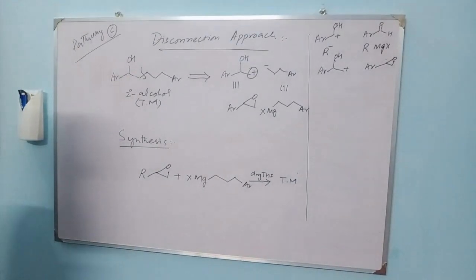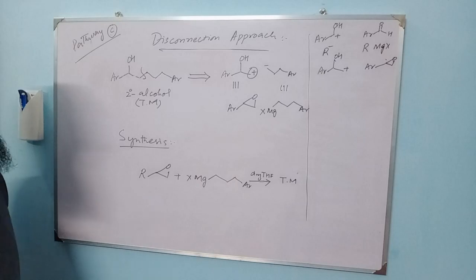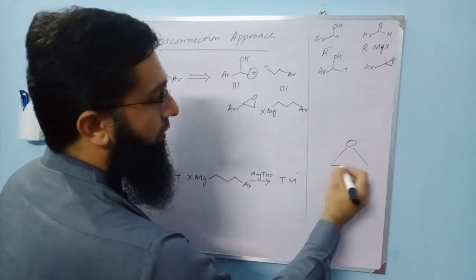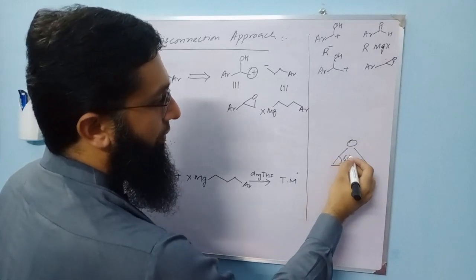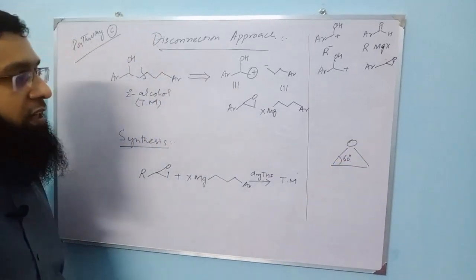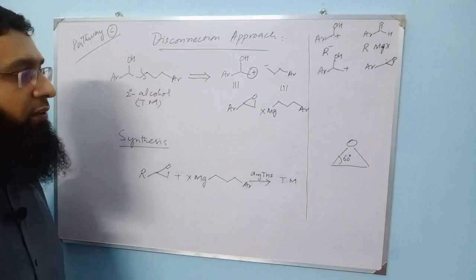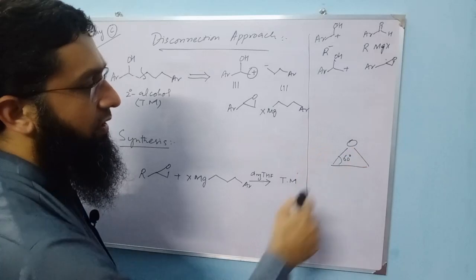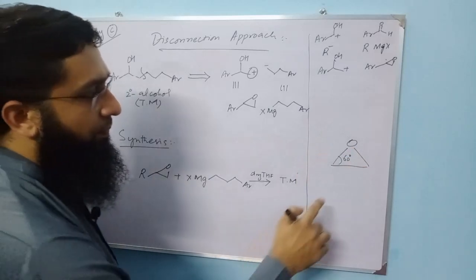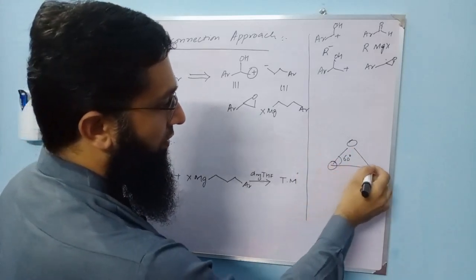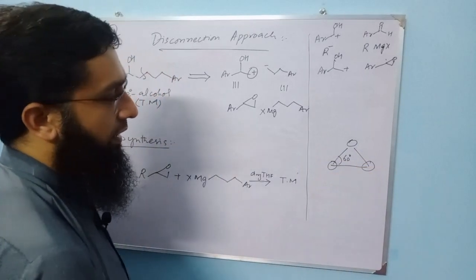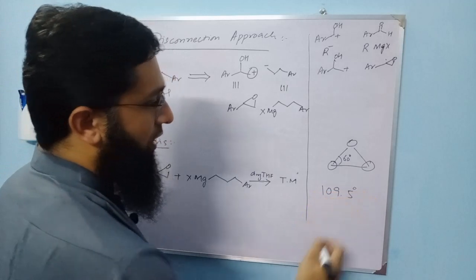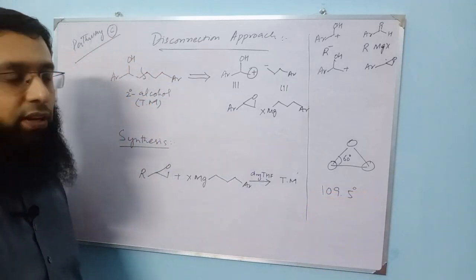Now here if we see the reactivity of epoxide, epoxide is a 3-membered heterocycle, oxygen containing heterocycle, and it ideally should have 60 degree. It would be having 60 degree because it's a triangle, but because this is a tetrahedral carbon, and a tetrahedral carbon requires approximately 109.5 degree angle.